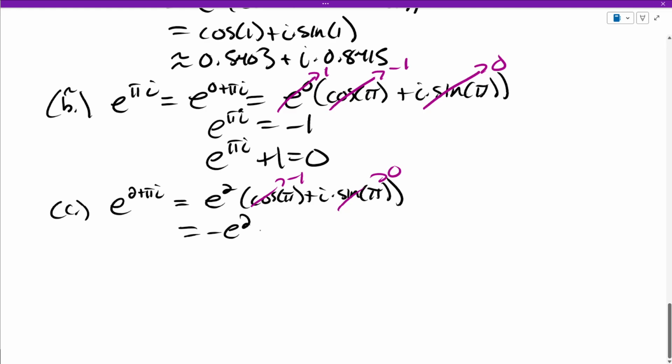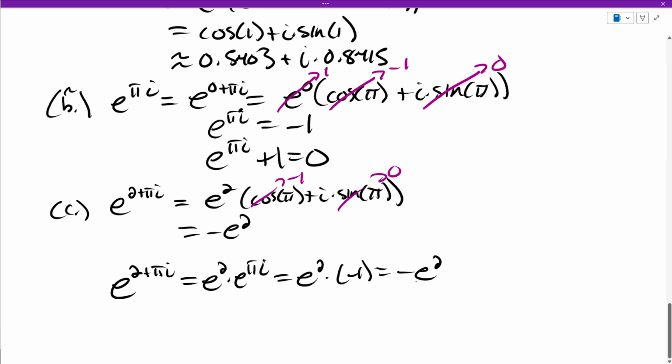We'll see in a little bit that the complex exponential behaves nicely with respect to the usual exponential rules. So we could have done this differently. We could have written e to the 2 plus pi i as e squared times e to the pi i, and we just computed that e to the pi i was negative 1. So we get the same answer using what we're used to with the exponential rules.